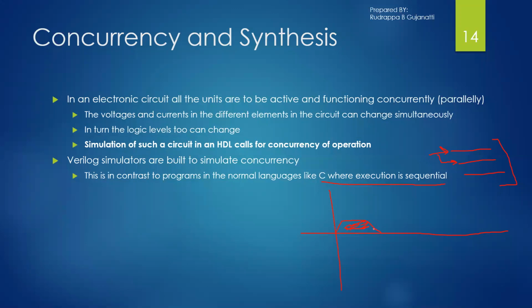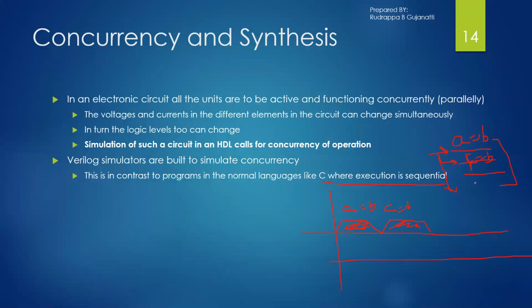The next statement is executed only once this is done, and so on it continues. Whereas here, suppose I'm doing a is equal to b and c is equal to b, something of this kind. Here a's assignment will be done and here c's assignment will be done.